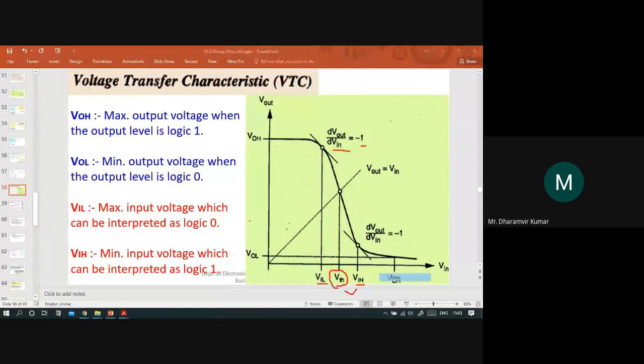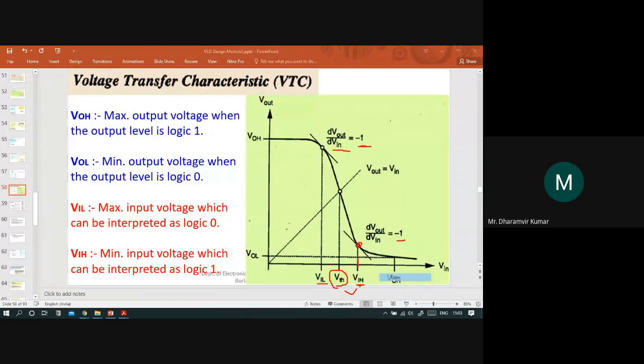Since the slope is going down, this will actually be -1. The first point at which the slope becomes -1 will be taken as VIL. Again, at this point the slope becomes -1, and this point will be taken as the VIH value.